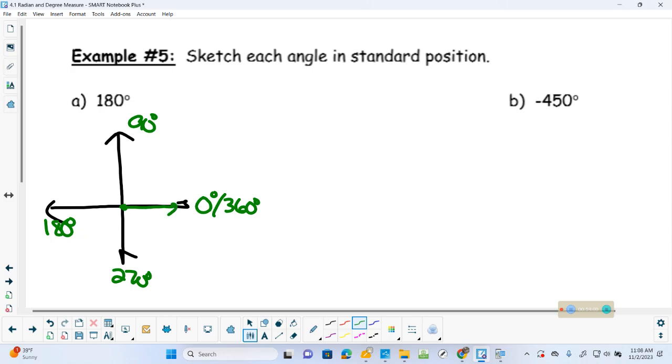Initial side. Well, because you know I love geometry, 180 degrees back in the day in geometry, do you remember the fancy name for it? Starts with an S. Supplementary angle. It's a straight angle, because it makes a straight line.